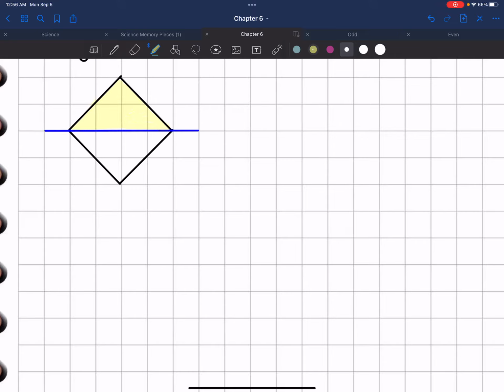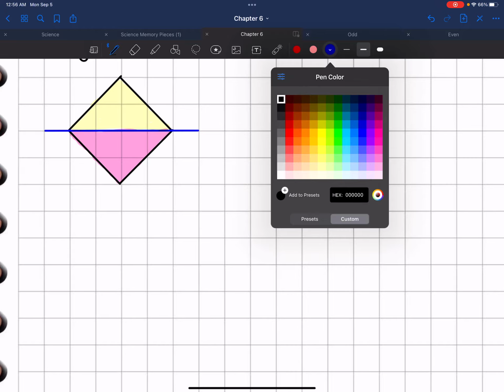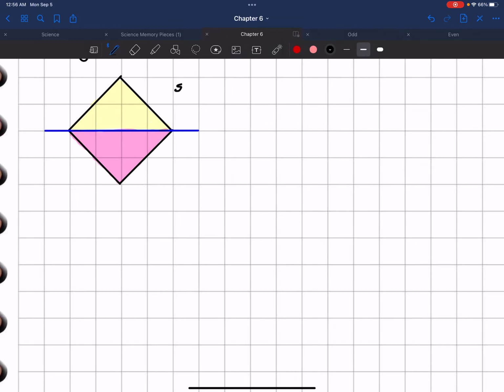Well, there's the top. Here's the bottom. And yes, we do have the same shape. So we would say that these two shapes are symmetrical, and that the blue line, the mirror, is the line of symmetry.